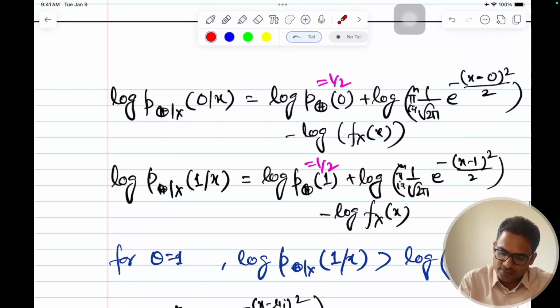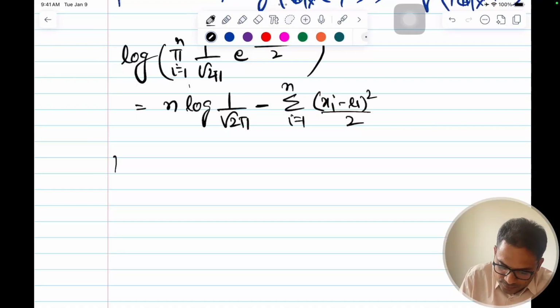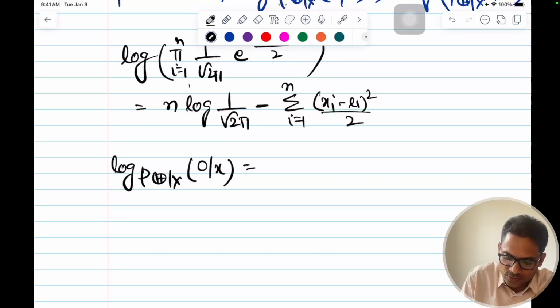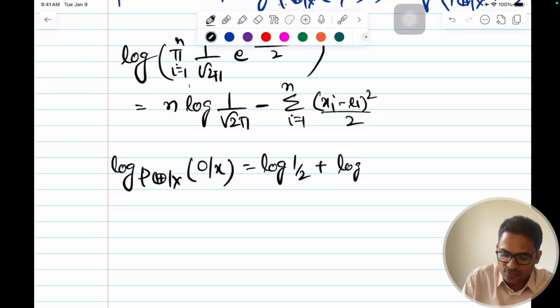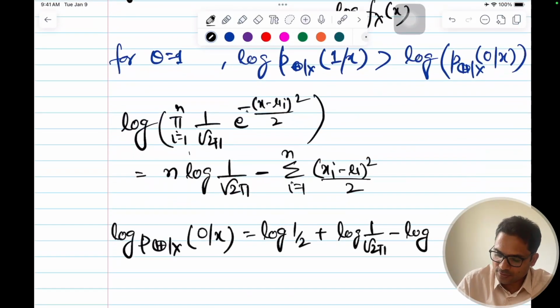Okay, so let me write it down again so that it's clear for you, all the terms together. Log of probability of theta given x, for theta equal to 0 given x, is equal to log of p theta, that was half, plus log of 1 by root 2 pi, minus this log, and this will cancel out, so the log will go off.